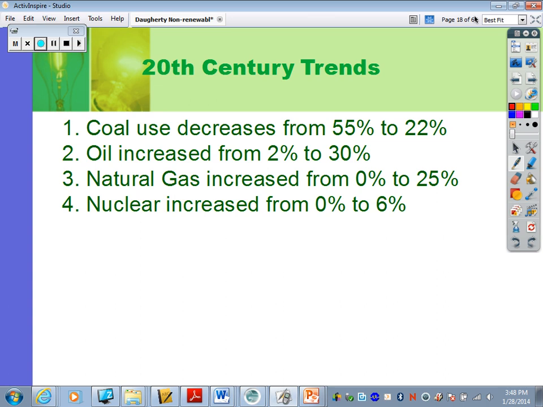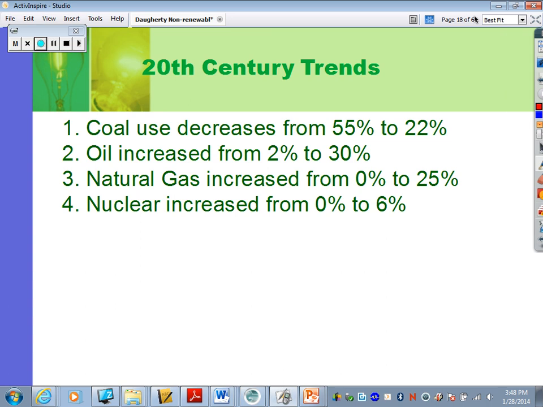Okay, some trends on our energy usage for the 20th century. Coal used to be huge, thinking of the Industrial Revolution. That has decreased. We've moved away from coal, at least in our country, from 55% to 22%. Oil has increased drastically. Coal burning dirty, we were able to figure out oil.